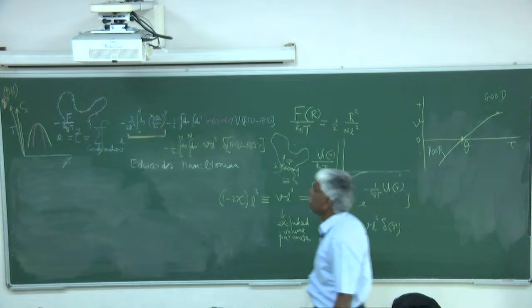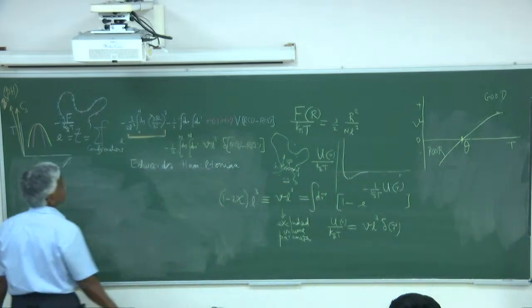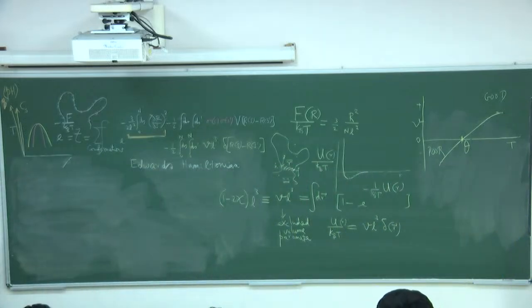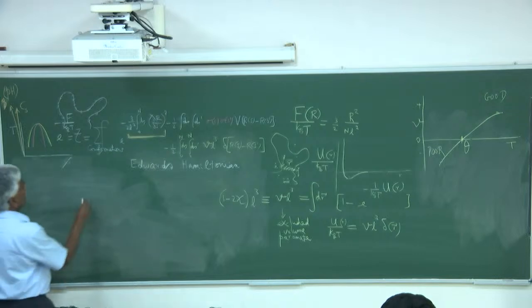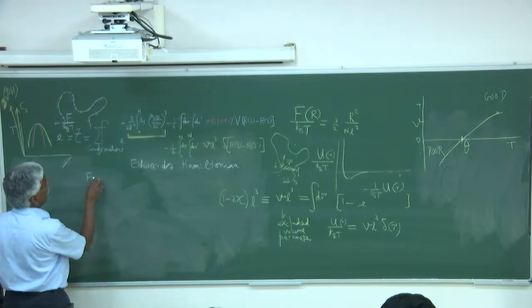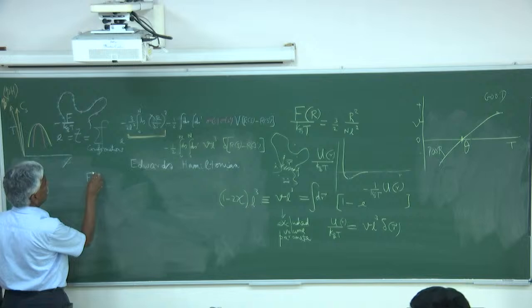This term I already told you, R square divided by n L square. I am not writing 3 by 2. R square, 1 factor of n squared, 2 factors of n here, n L square.